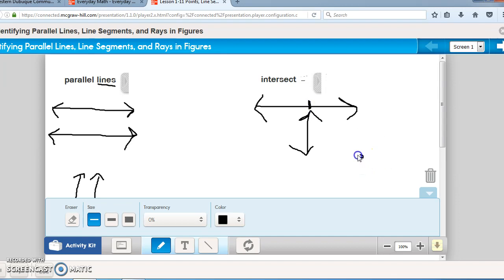Now it could be line segments. If you have a line segment, and look at segments, I mean they have endpoints, a line segment could intersect it if it was drawn as so. They intersect right here in the middle. Line segments are straight and thin. It has a beginning and an end, and its length can be measured.